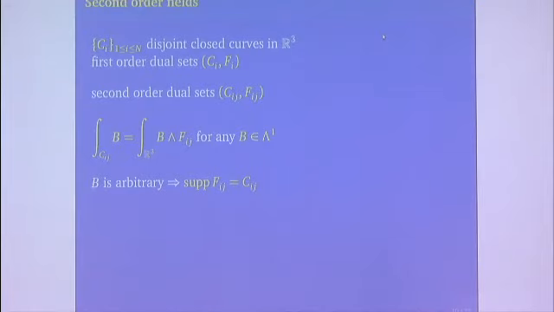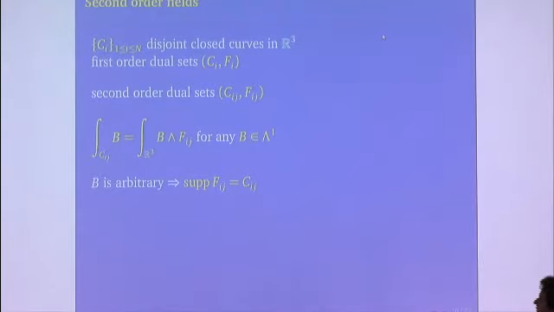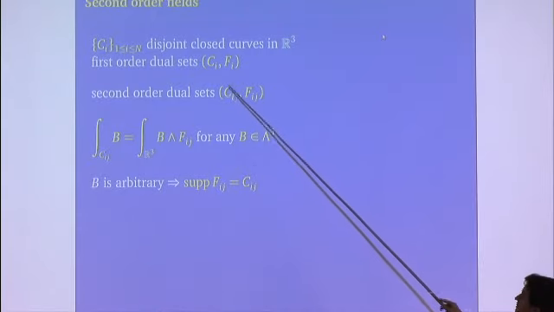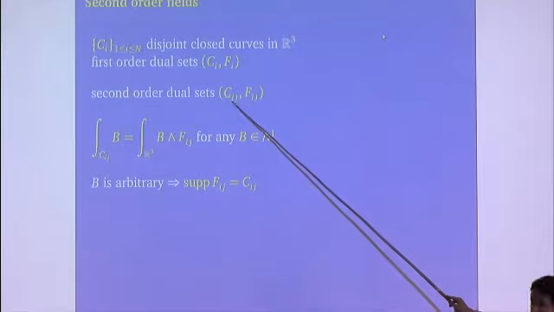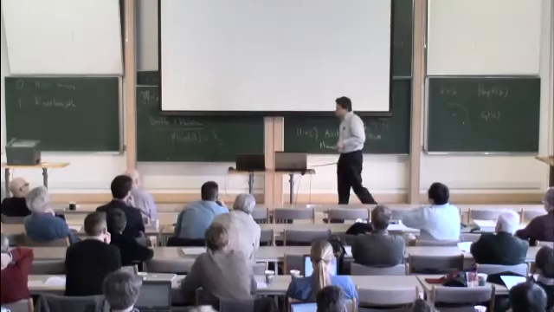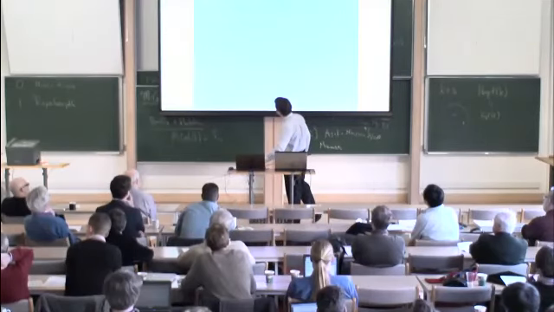Now, the point is, let's introduce second order fields, and they would be constructed out of existing geometric objects. So you have a collection of links, closed loops C1 through Cn, and you already have dual sets of curves and closed two-forms. The question is, can you construct second order curves and second order closed two-forms?